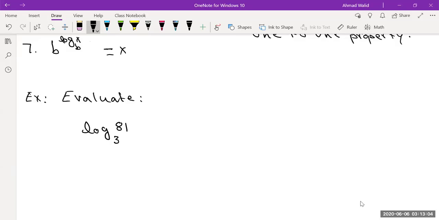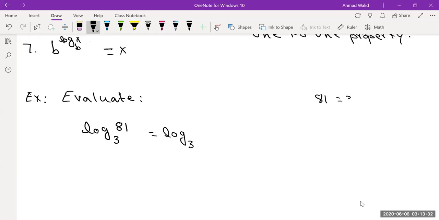If your base is not 10, then your calculator cannot calculate that. How to find now the logarithm of 81 base 3? If you remember, you're trying to change 81 into 3 to the power of a number, correct? I will write log base 3.